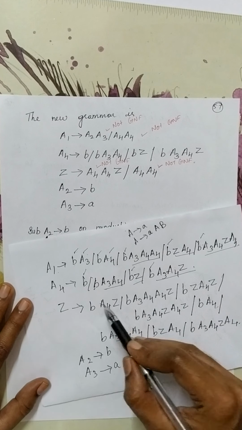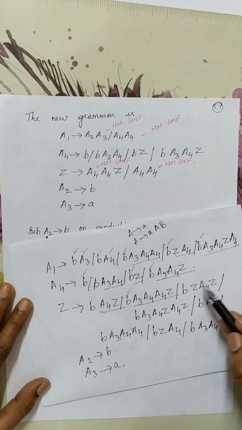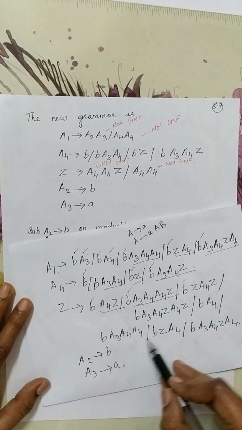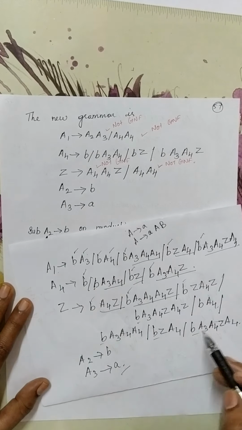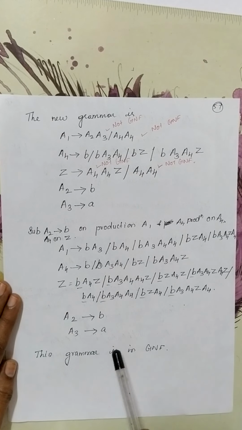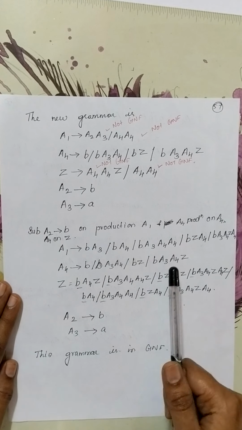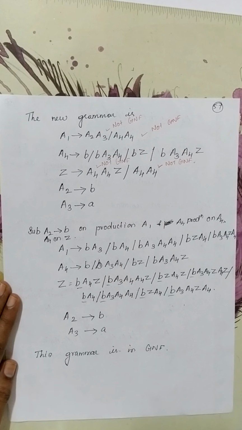So everywhere you can see the terminal that is followed with variable. So definitely we can say that this grammar is in GNF. Okay, thank you.